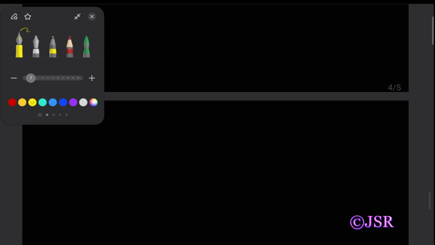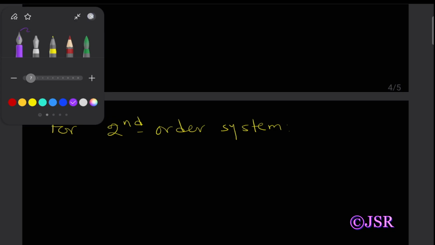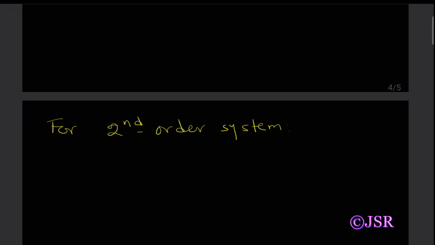Similarly, we can find the transfer function for second order system. So for second order system, we will have a second order differential equation, and this will be given by a2 d square y by dt square plus a1 dy by dt plus a naught y equal to b x of t.